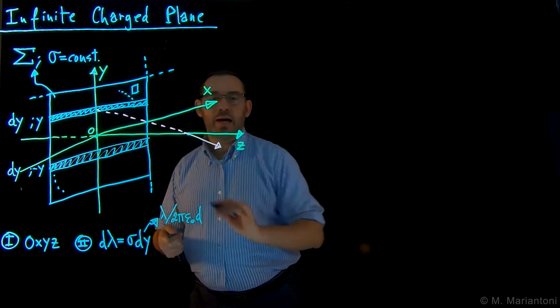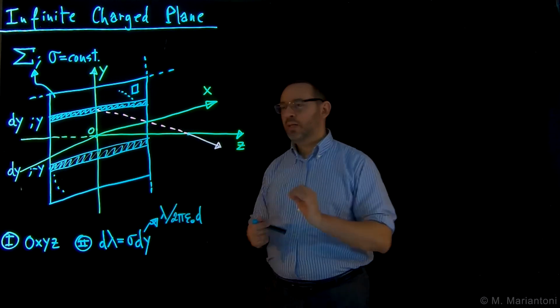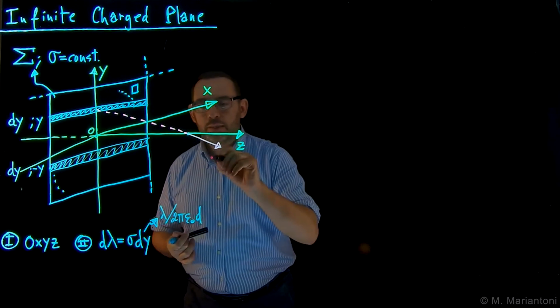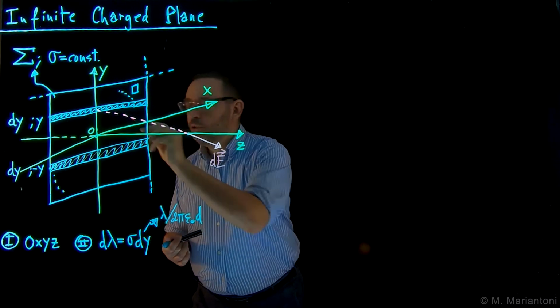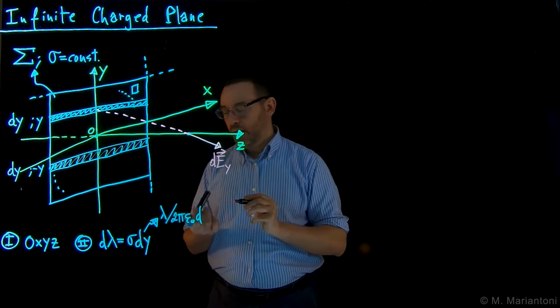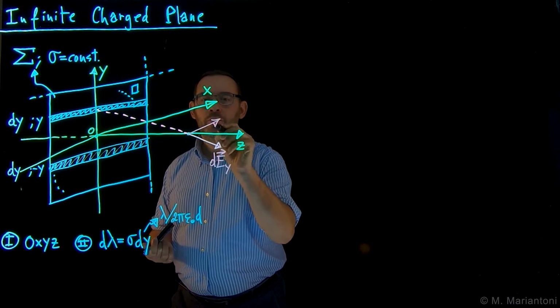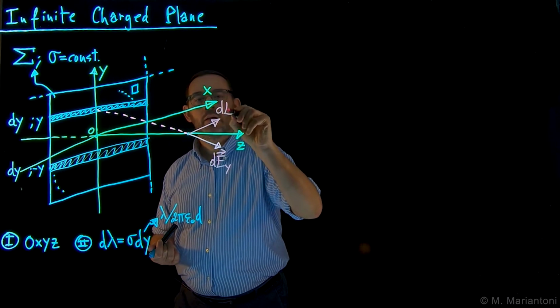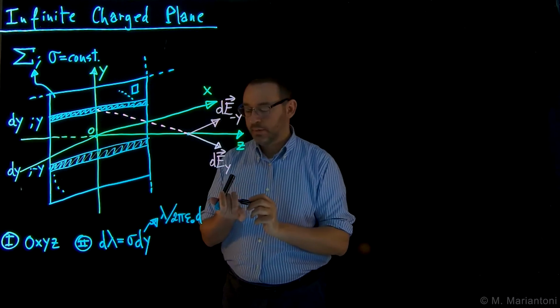And this is the absolute value. The direction is radial in that case. So we know this d lambda, so this will be a field dE. In particular, this is the field dE vector due to the stripe at location y. Similarly, from here, I will have a field dE vector due to the line at minus y.